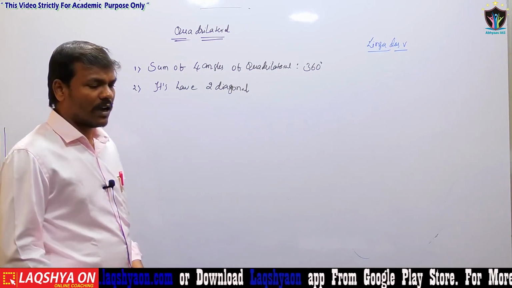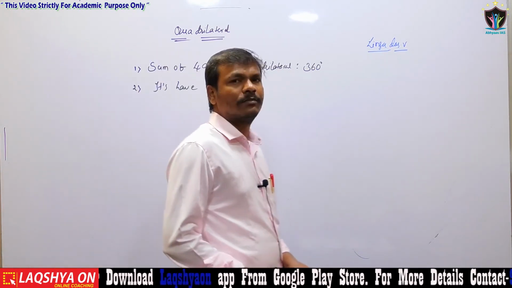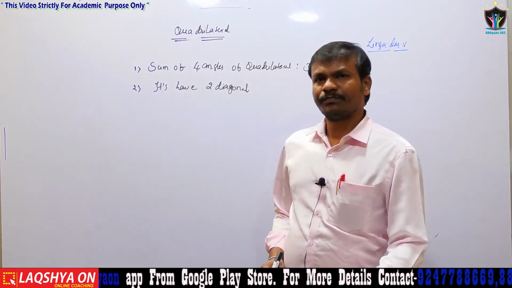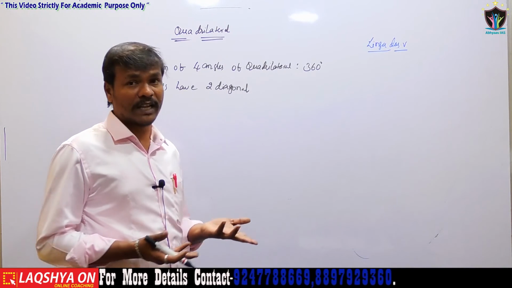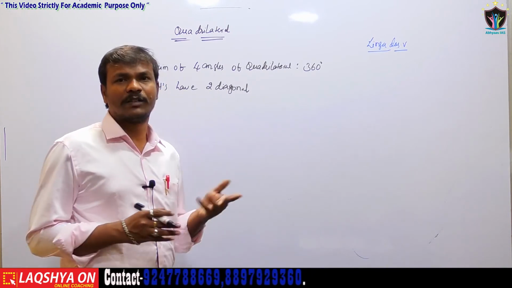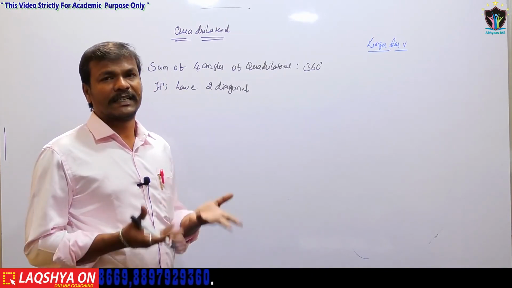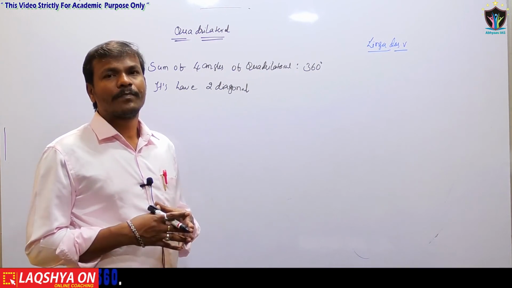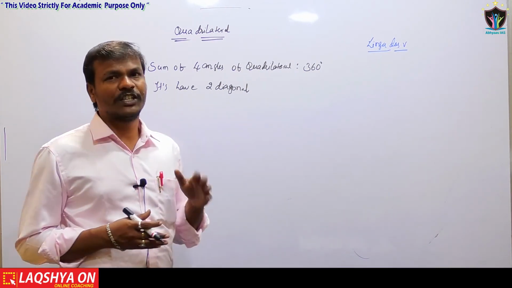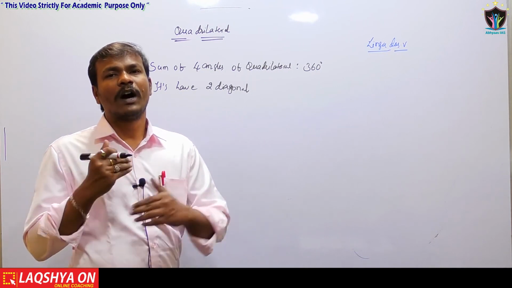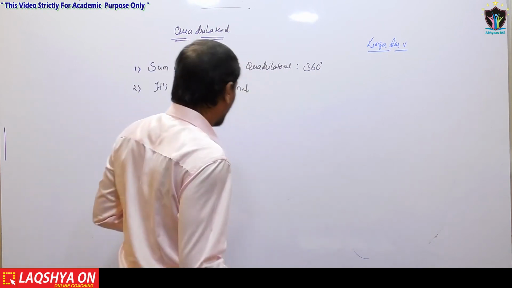The properties depend on the angles between the sides, and how the sides are formed in the quadrilateral. Is it parallel, or does it bisect, or is it equal? In that way, the properties change from one quadrilateral to another. So, types of quadrilaterals.